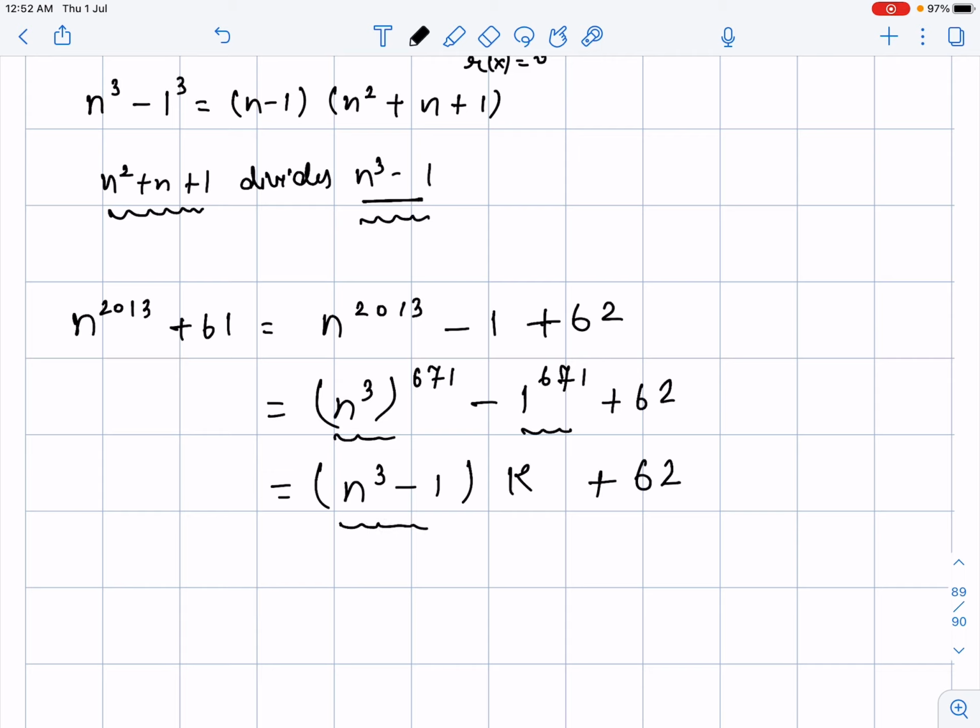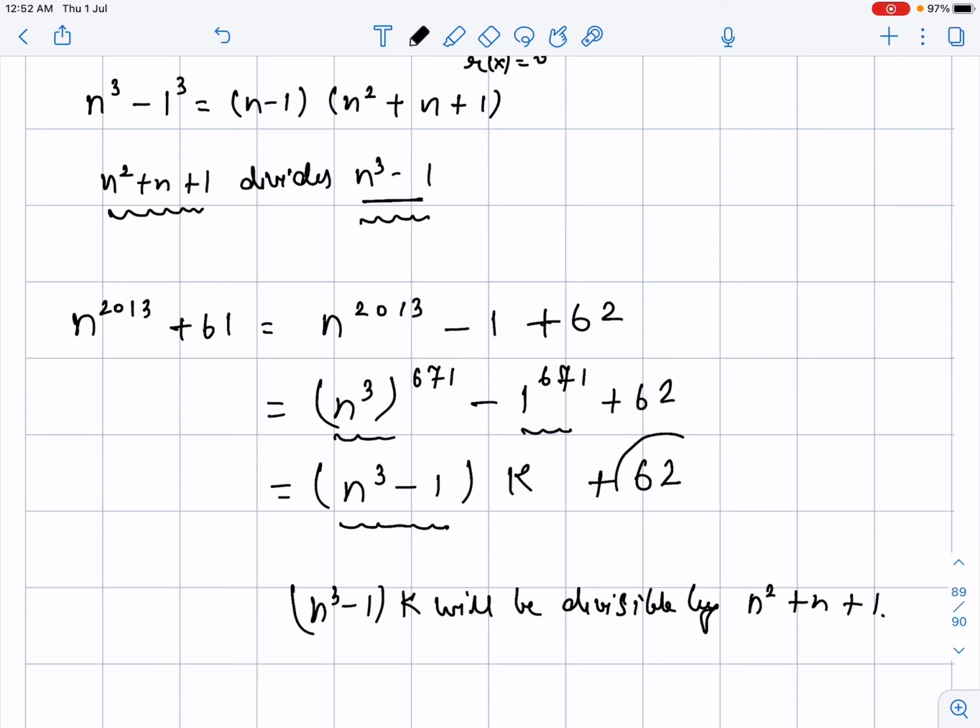So if it is written like n cube minus 1 over here, that means n cube minus 1 times k will be divisible by n square plus n plus 1, because we had already seen this thing.